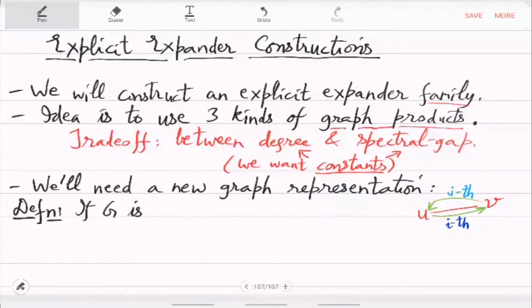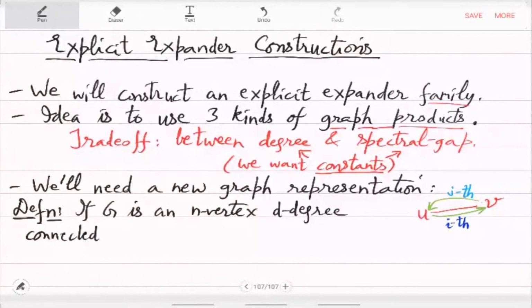So if G is an n vertex, d degree, connected graph. Yes, we'll look at connected graphs only, and our operations will ultimately make it an expander. That's the plan. So let G be a connected graph, n vertices, d degree.